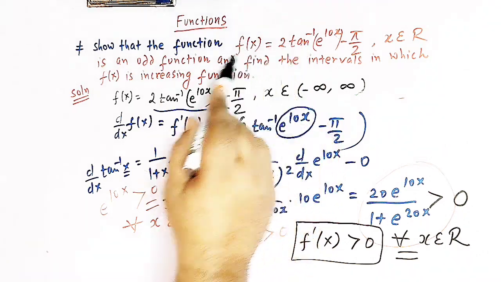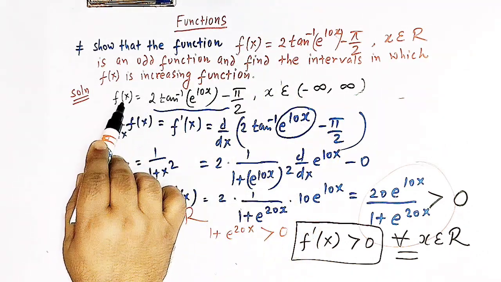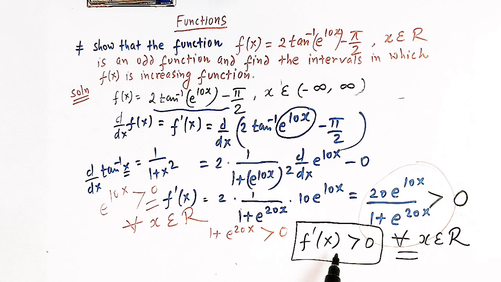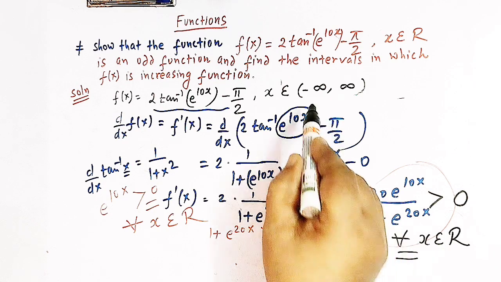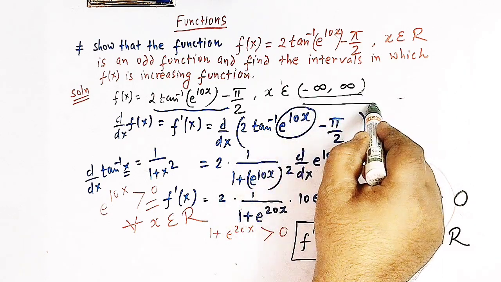So this function f of x is a strictly increasing function for all values of x belonging to the set of real numbers, because f prime of x is always greater than 0 for all values of x belonging to this interval, right?